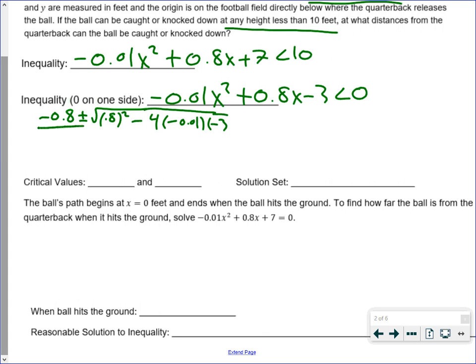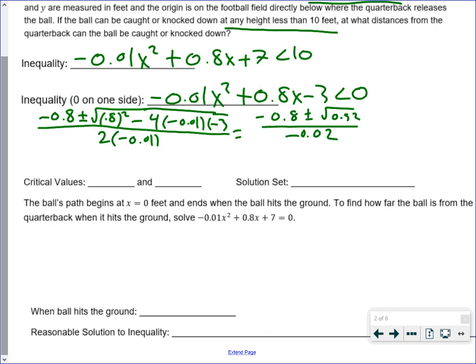And all of that is going to be over 2 multiplied with our a. Okay? So if we solve this out, we get negative 0.8 plus or minus the square root of 0.52 all over negative 0.02, or 0.02.